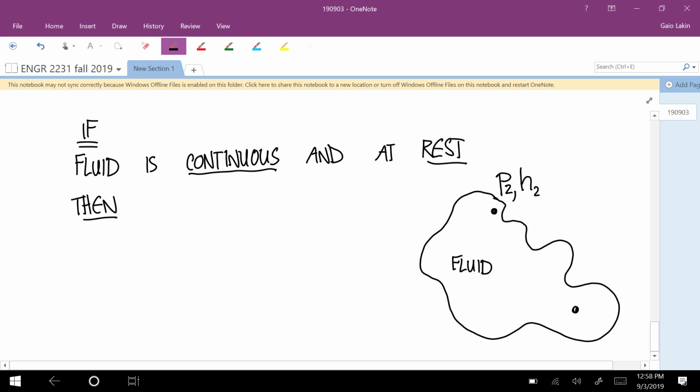And let's call this point 1, and it's at height 1. And that means that this distance is what I'm going to call h. That's the difference in height.